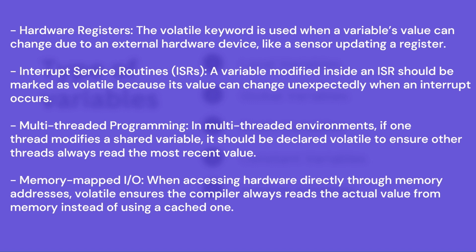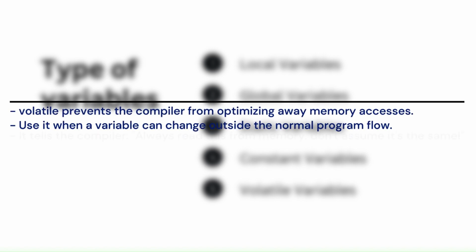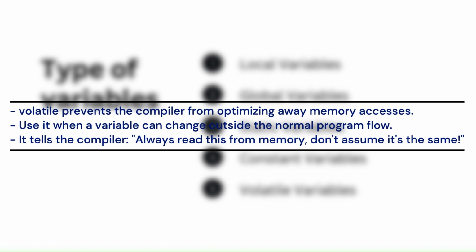It is also used in memory mapped input output, where we access hardware directly. So the takeaway is that volatile prevents the compiler from optimizing away memory access. Use it when a variable can change outside the normal program flow, and it tells the compiler to always read this from memory. Don't assume it's the same.